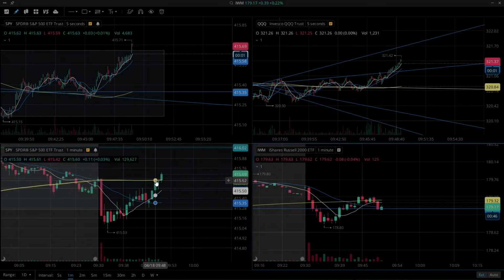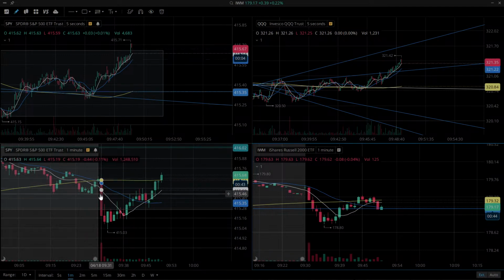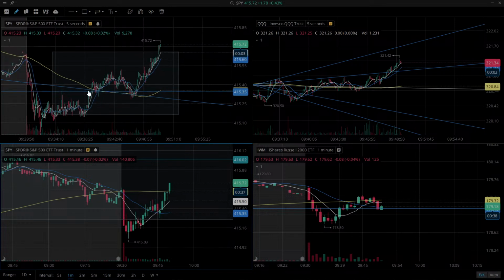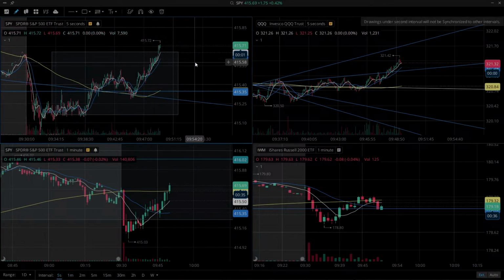SPY pushing a bar on top of the 200. We're outside of this control bar. And we're outside of the box. No more 1-for-1. That's done.